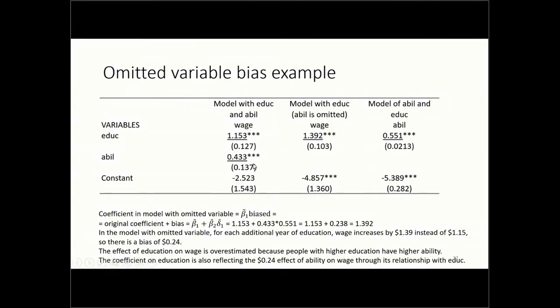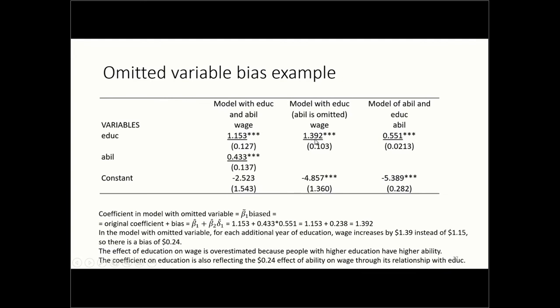So now suppose that instead of estimating the correctly specified model, we estimate a model with education, but ability is skipped. You see, we did not include ability in the model. So now we have a model where we omitted ability, and the coefficient on education is 1.39.